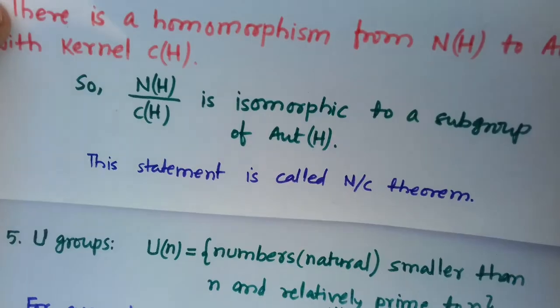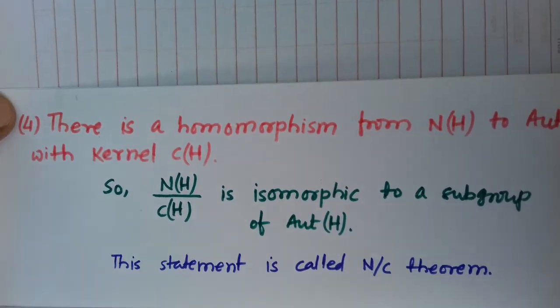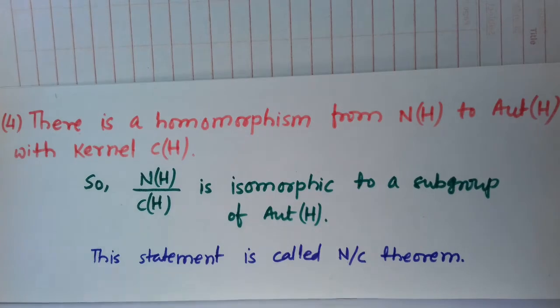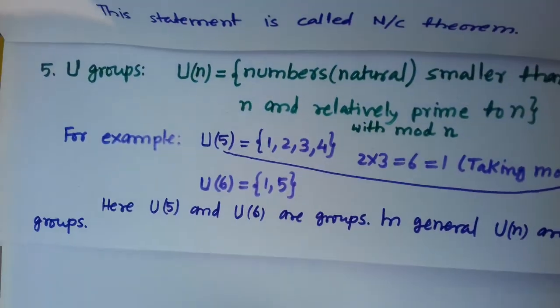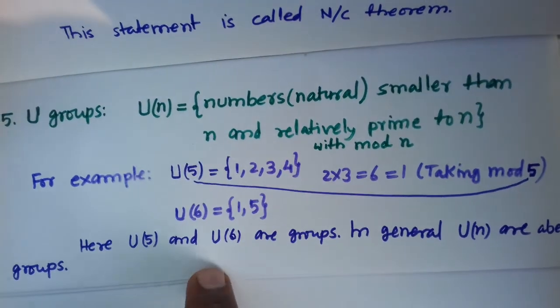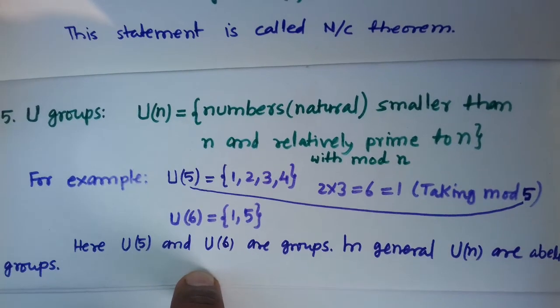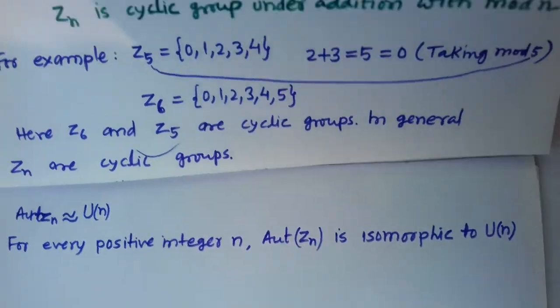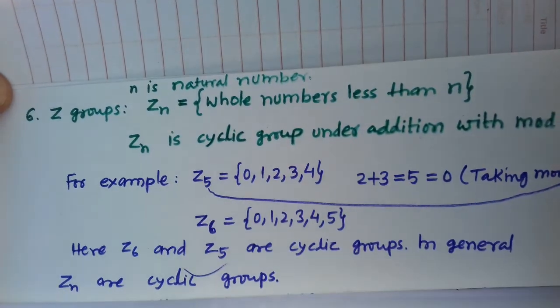The third is here. This is the third statement you should understand. And here is the fourth statement. You see, this is the fourth statement. And the next one, here is the fifth statement.